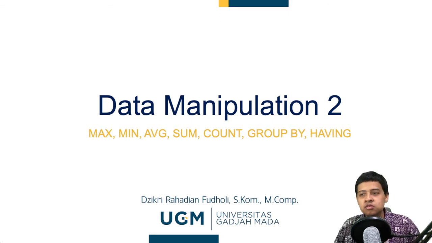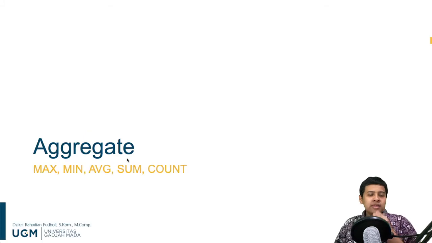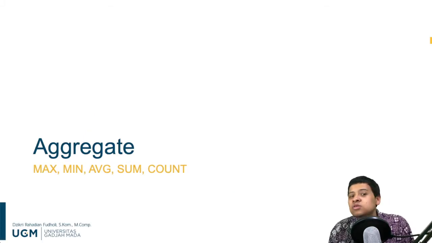Without further ado, let's go learn data manipulation, which is max, min, average, sum, count, group by, and having. The first five that we're going to learn in this video are max, min, average, sum, and count, which are called aggregate functions.